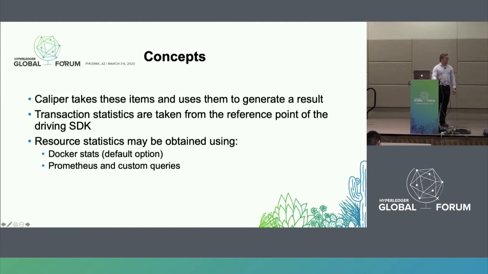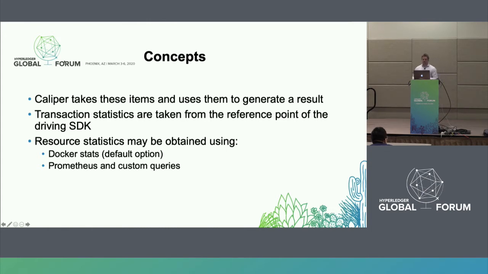A point to note is that the transaction statistics themselves are taken from the reference points of the driving SDK. So if you're considering the transaction latency, it's from the point at which the SDK has submitted a transaction to when it comes all the way back around and it is complete again. And the same for the throughput. So we're not measuring on the DLT itself, it's as observed from the client side.